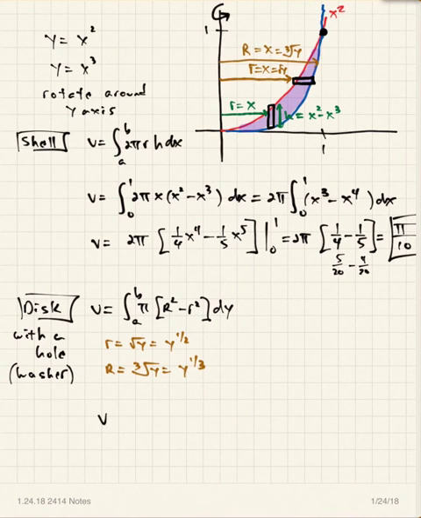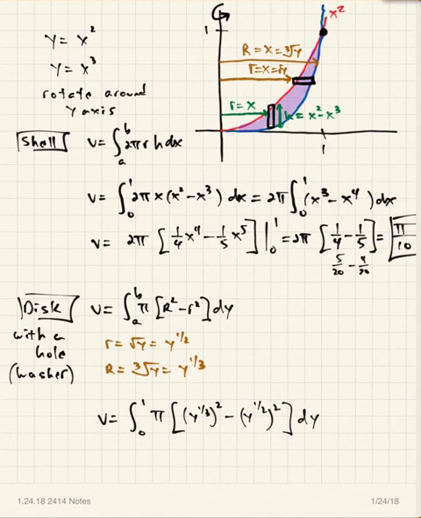And so the volume in this problem would be the integral from 0 to 1, pi times big R squared, so this would be y to the 1/3 squared, minus little r squared, y to the 1/2 squared dy.